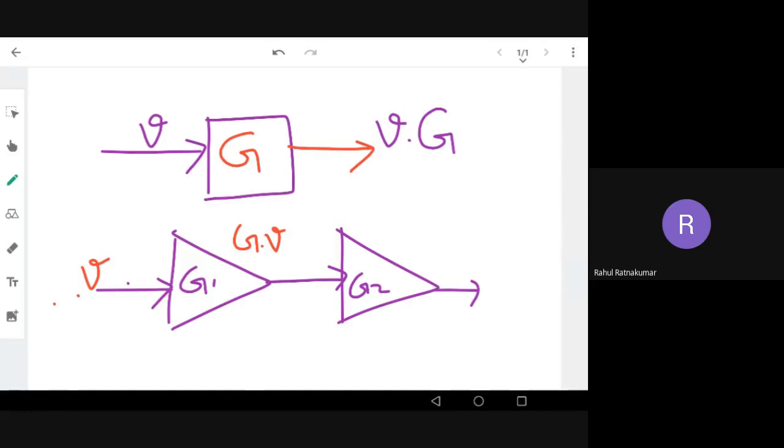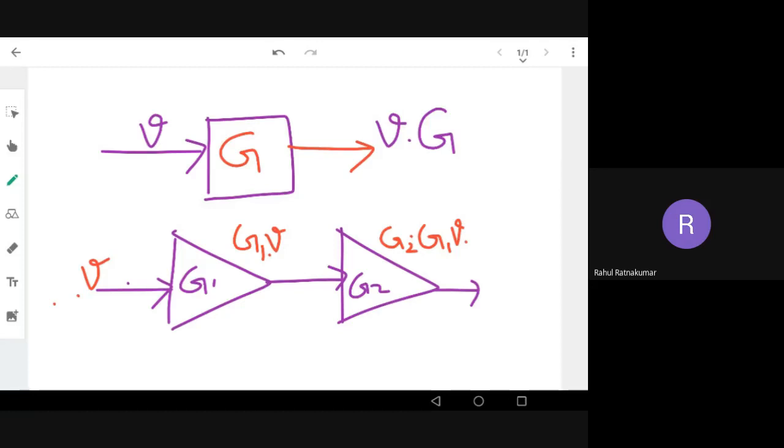And what will be the output of the G2 amplifier? The input to G2 is G1 into V. Now the output will be multiplied by G2, amplified again, and the output will be G2 G1 V. So whenever two blocks or two gains are in series, we multiply them both.